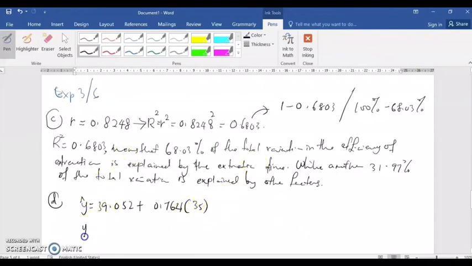Okay, so you will get Y hat equal to 65.792.